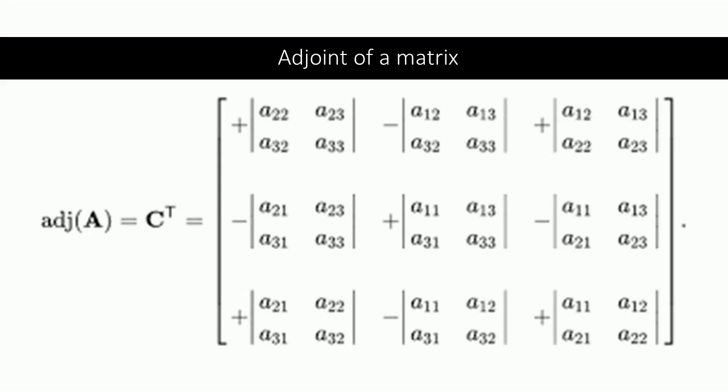If you have A11, A12, A13, A21, A22, A23, A31, A32, and A33, and you take the individual cofactors one after the other and form a matrix with them and take the transpose, that gives you your adjoint.